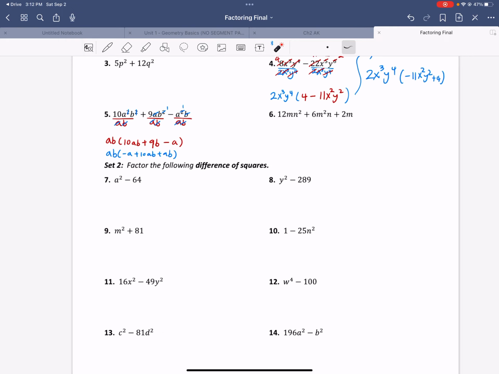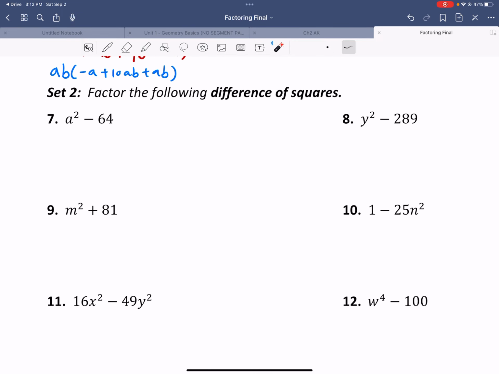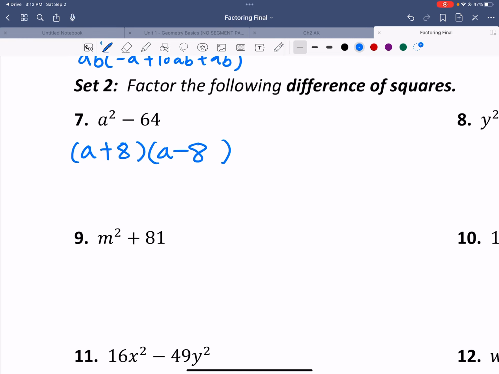Now let's go to the difference of squares. As you know, for a squared minus 64, you set up 2 parentheses: a plus 8 and a minus 8, since 8 times 8 is 64. Now, 8 times a gives you a squared, and positive 8 times a gives you plus 8a.